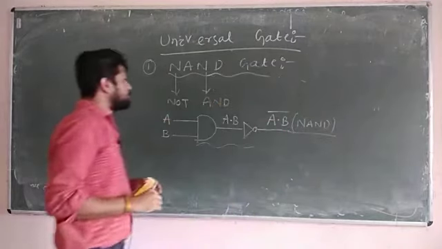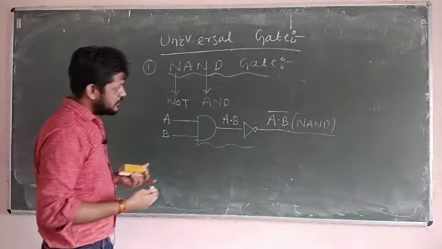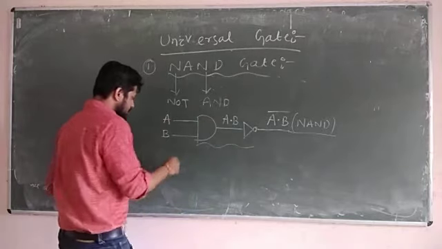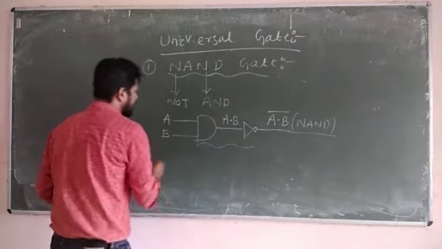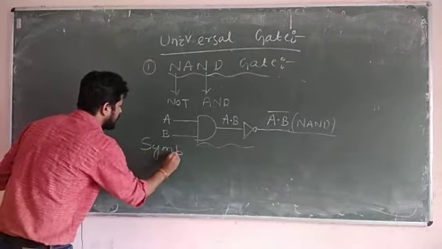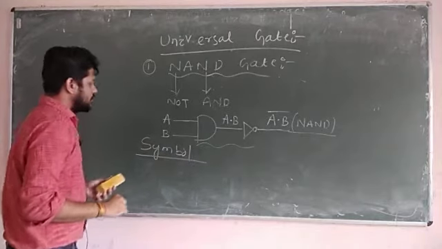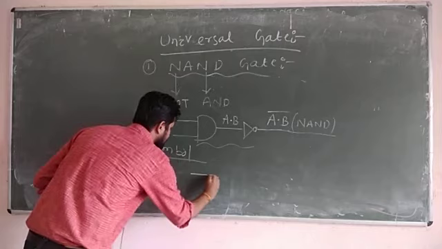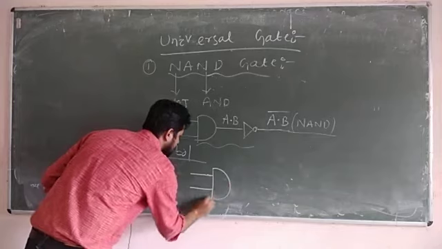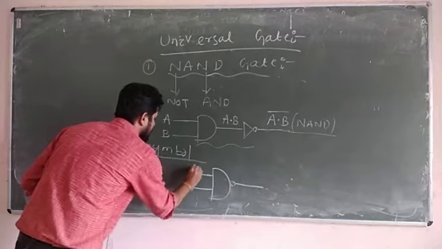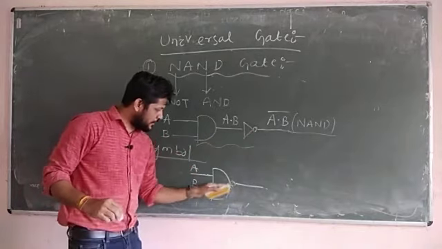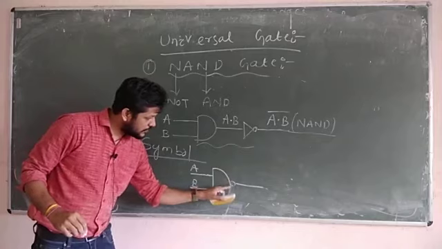So, next, what is the symbol for this NAND gate? Actually, this is how you implement the NAND gate, but the symbol for this NAND gate is, see, from this NOT gate, I am drawing this AND gate, then we put a circle here.